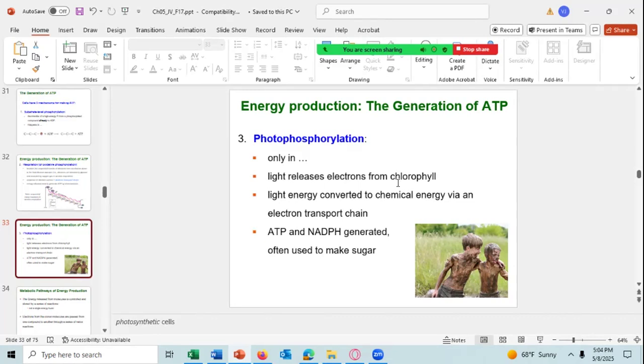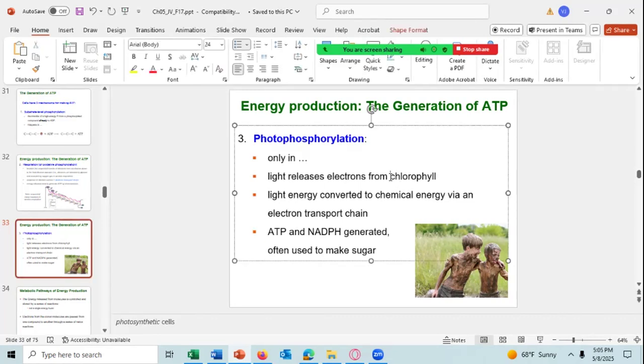I also take exception to this slide, and I just realized this. This is how photosynthetic processes happen in most cells, but light can release electrons from another photosynthetic pigment. It doesn't have to be chlorophyll.